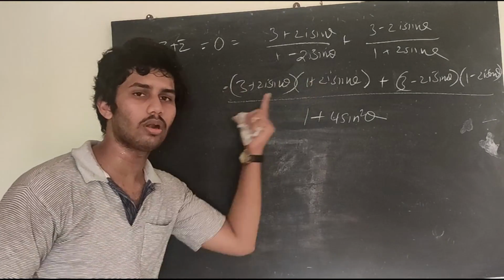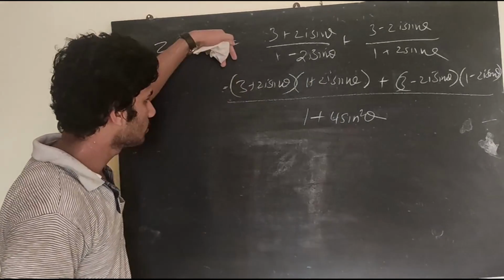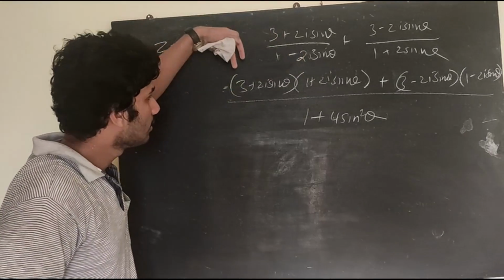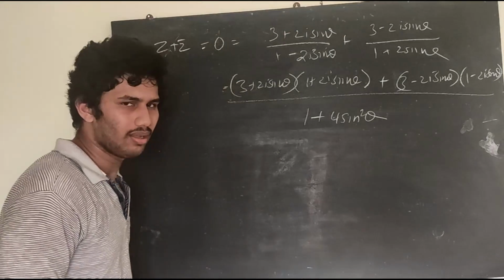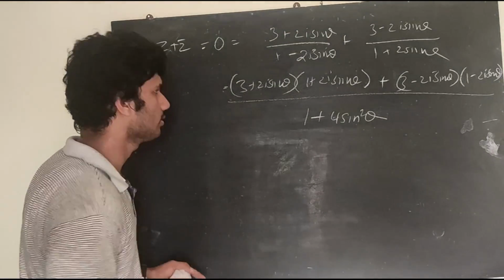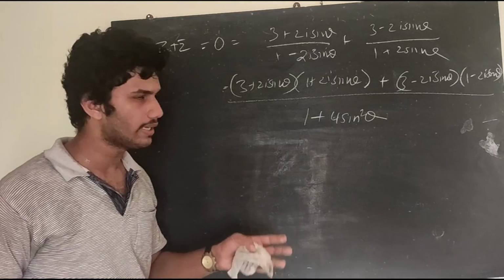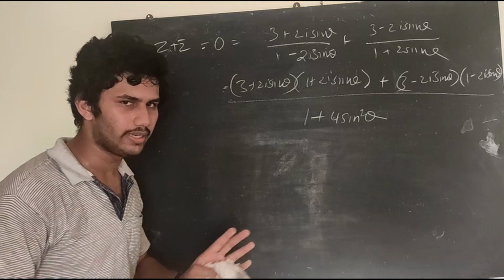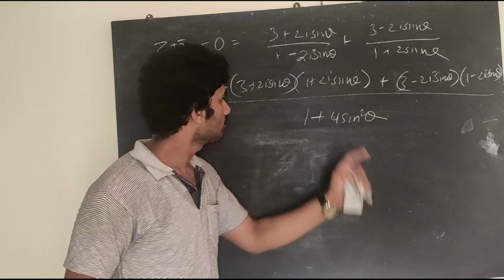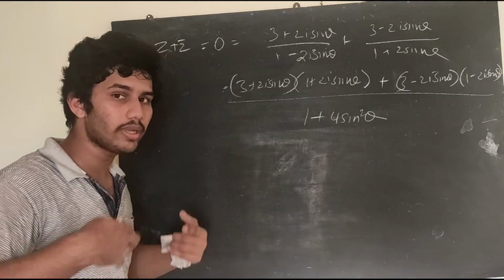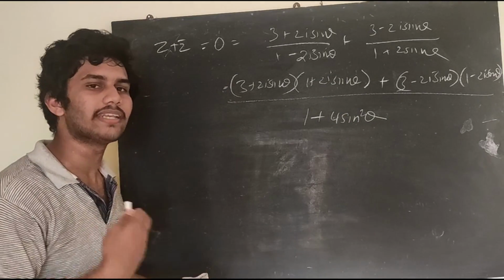So let's find the real part of this. 3 into 1 gives me 3. 3 into 2i sin θ, that's imaginary, I don't want that. Then 2i sin θ into 1, I don't need that too. Then we have 4 sin²θ into i².